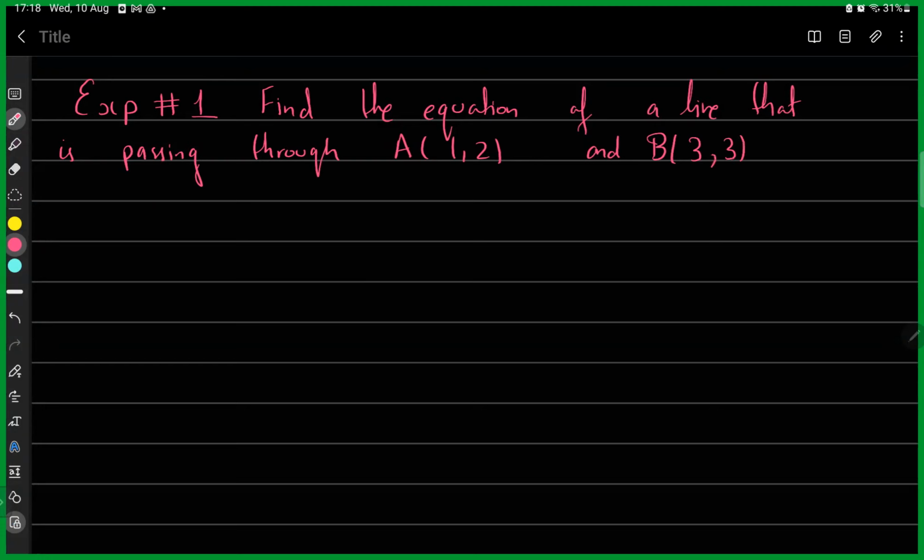All right, so the question says, find the equation of a line that is passing through A and B.